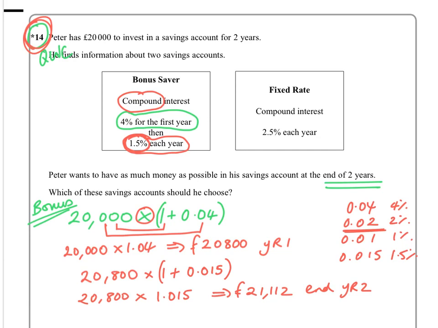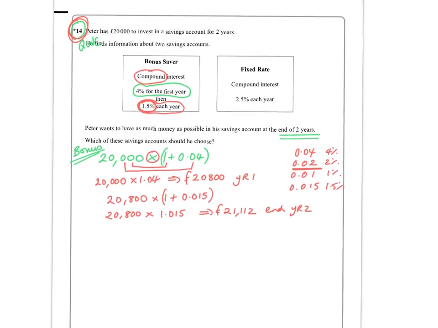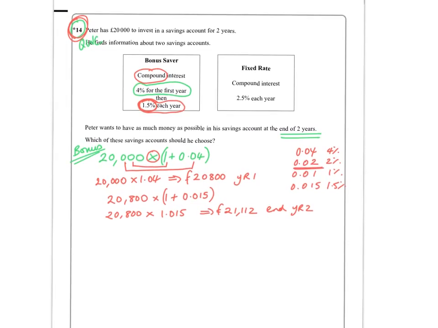In the fixed rate account, however, we have the £20,000, the principal amount that we're trying to save, and we've got 2.5% compound each year. So we want the end of 2 years.